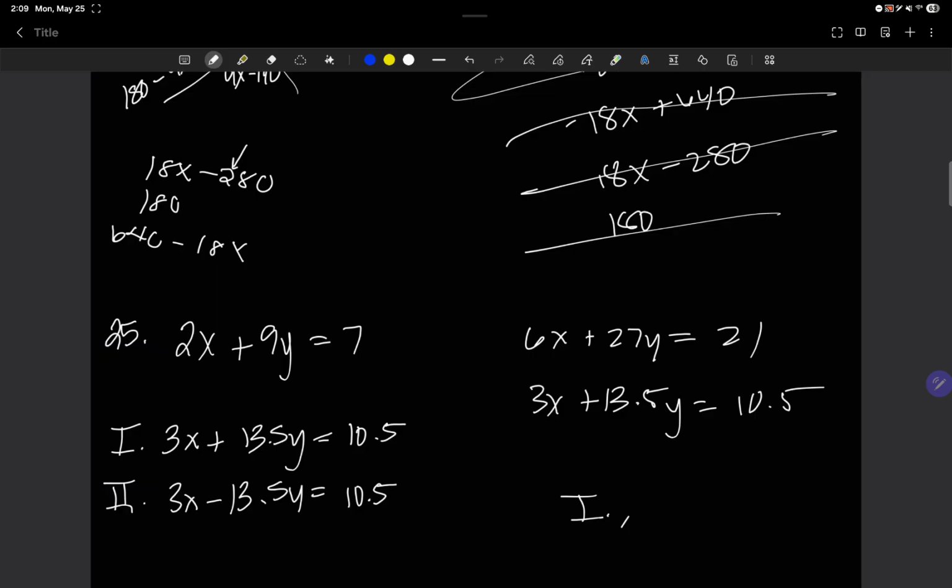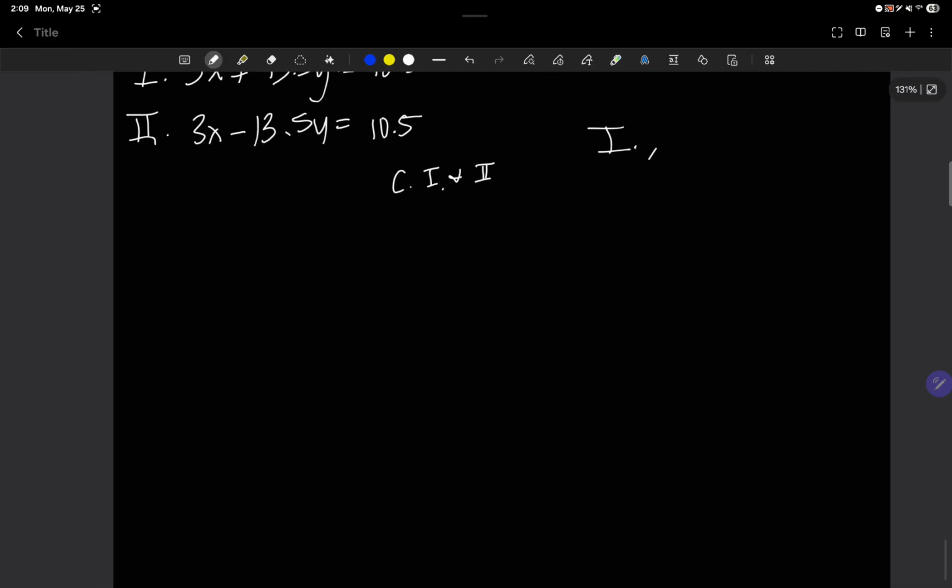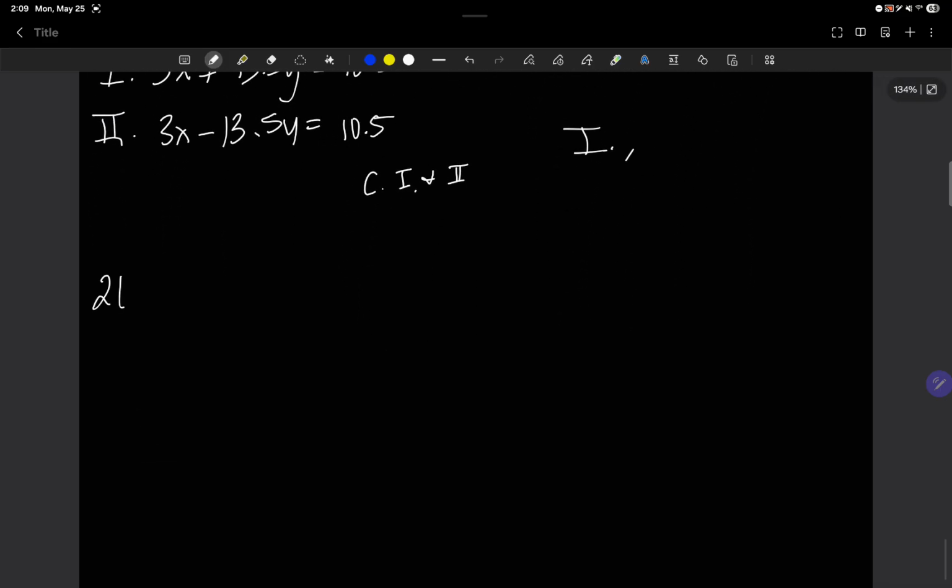Since 1 is identical to this one, you could take these and add them together, so that's going to be 21, and that would be 6. That would cross at one place. So would it be both of them, 1 and 2? All right, looks like that's going to be answer choice C, 1 and 2. I love how we didn't do exactly what I said I was going to do. It's okay.